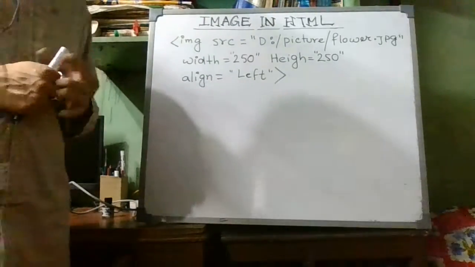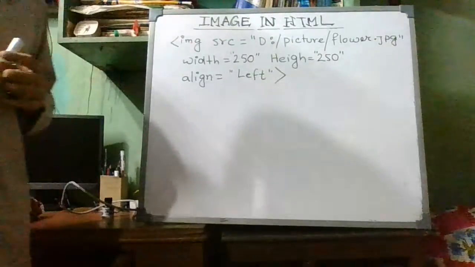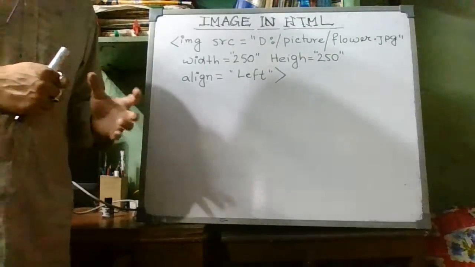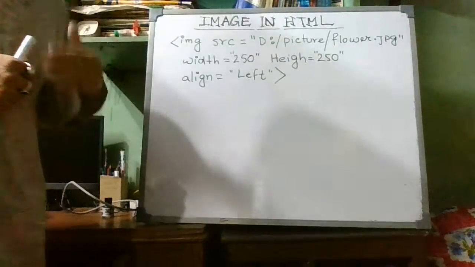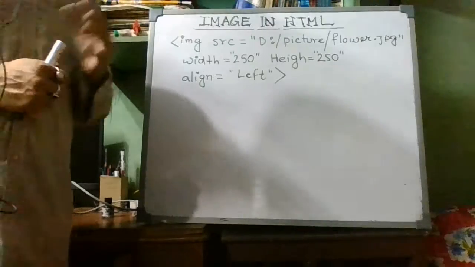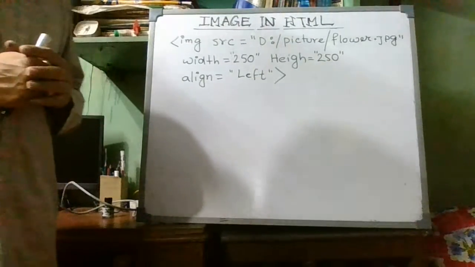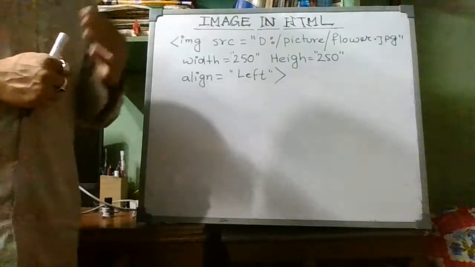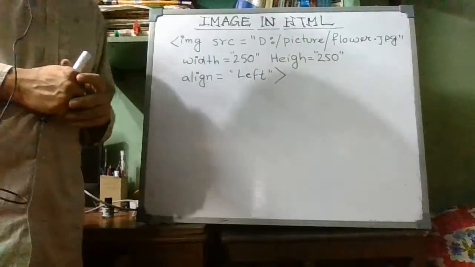So an image or any picture is a vital part and object that reflects the information in a much better way. Any image or picture can be brought into a website by the img tag.